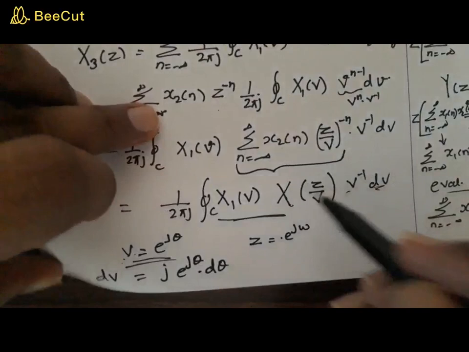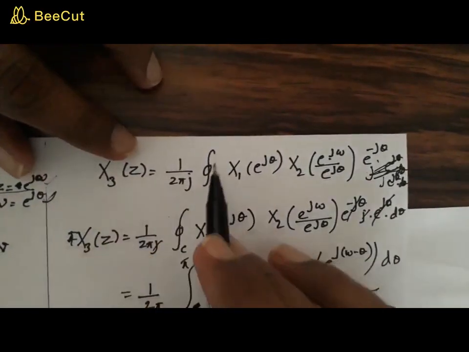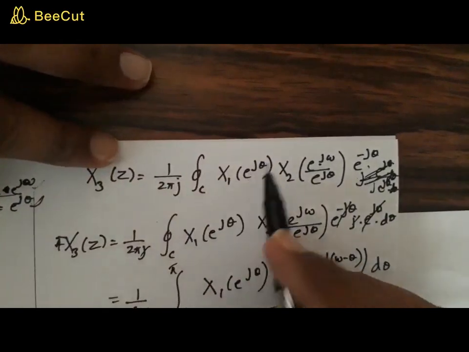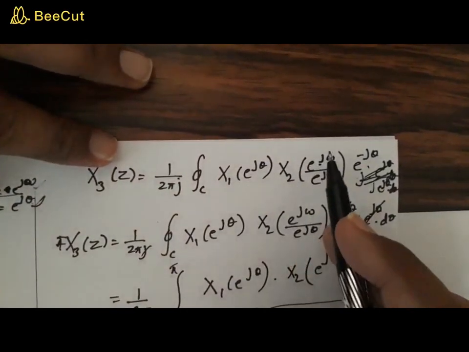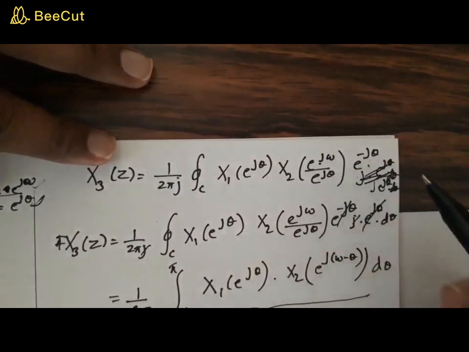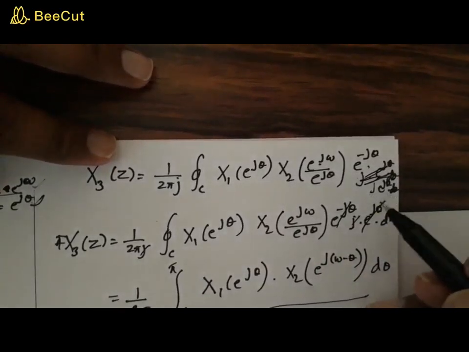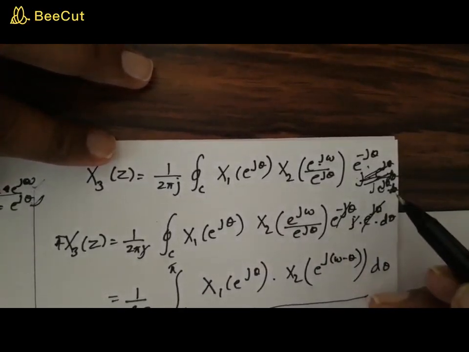Substituting all this in this equation, you will get: 1 by 2 pi j closed integral x1 of e raised to j theta into x2 of e raised to j omega by, that is z by v, e raised to j omega by e raised to j theta, into e raised to minus j theta, and into j into e raised to j theta d theta.